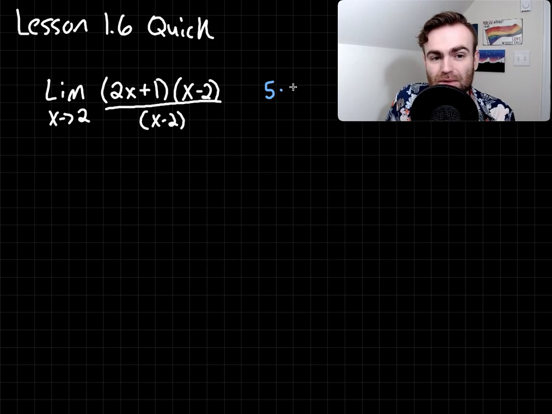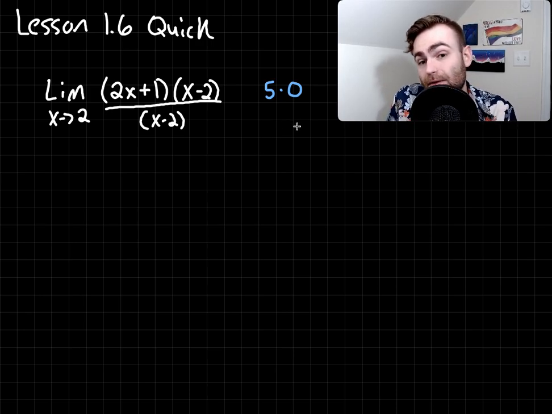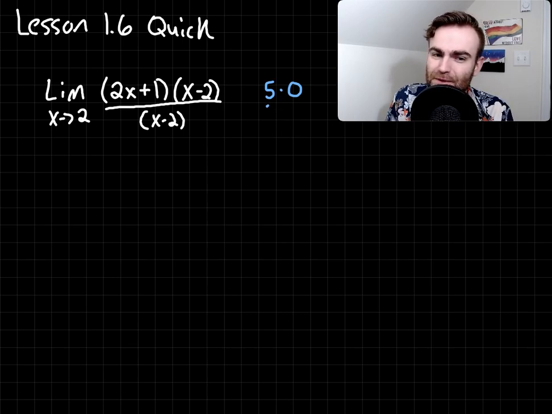This factor would make 0, which inherently in itself wouldn't be a problem. It would just mean that the function would be approaching 0. But if we look at the denominator, that's where we have this problem. We end up with 0 over 0.